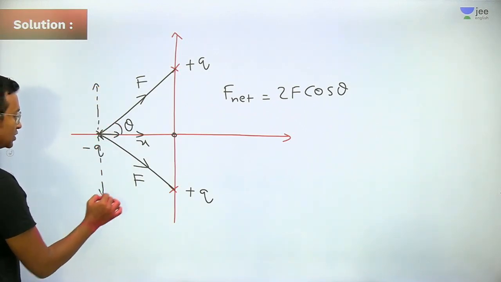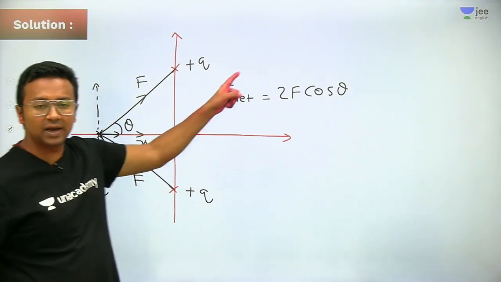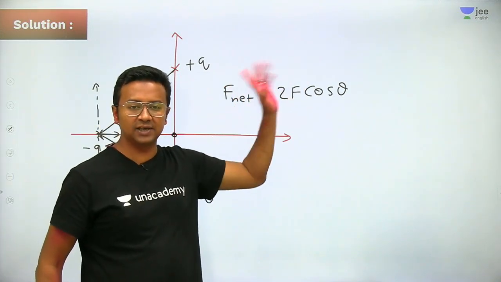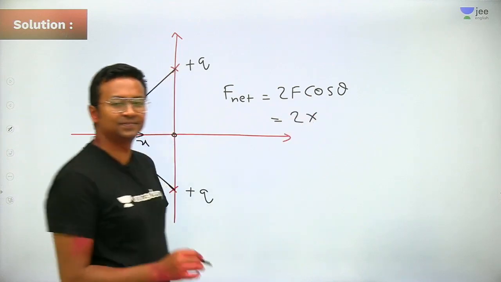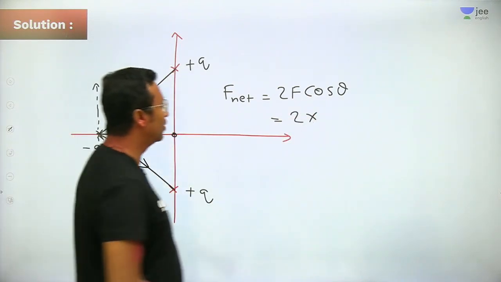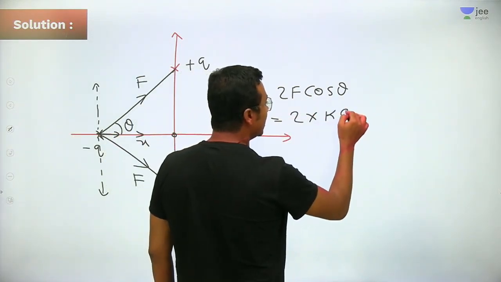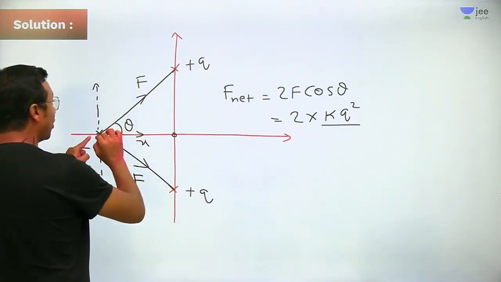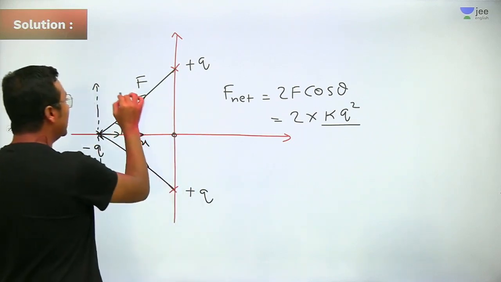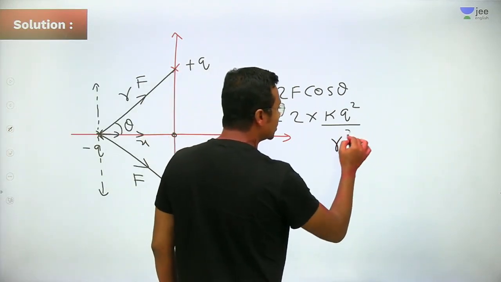Sine component of the forces are going to cancel each other. So the net force is equals to 2F cos theta. Okay. Now let's see 2 and what is F? Coulomb's law. Very simple. Okay. So this will be K Q square divided by this distance from here to here. Okay. Let me call it as my R. So this will be R square.